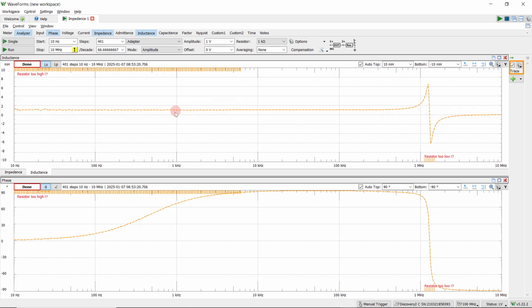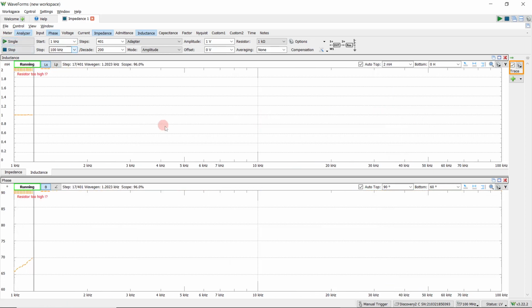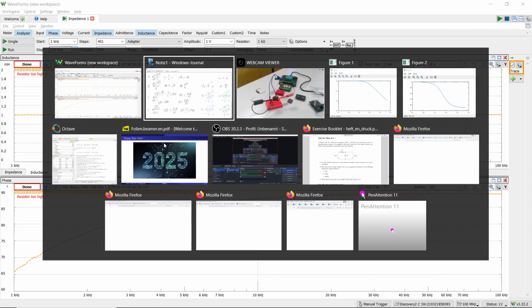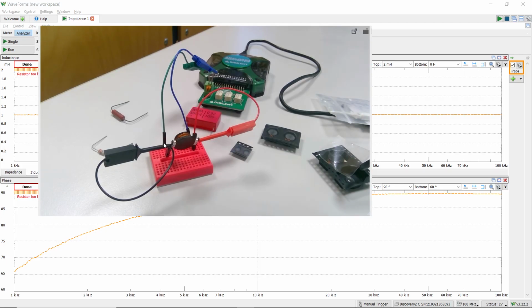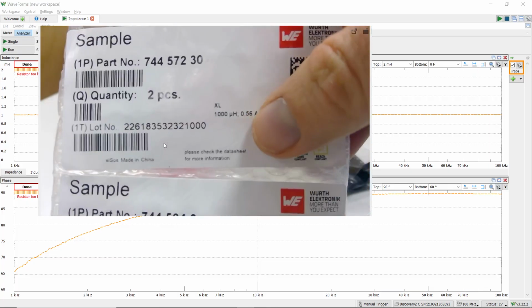So if I auto scale once again, and maybe only measure in this range where we have some nice inductance, between 1 kilohertz and maybe up to 100 kilohertz, and redo this measurement, then we see that the inductance of this inductor is really 1 millihenry or 1000 microhenry, the value that was also announced on the sticker from the sample.